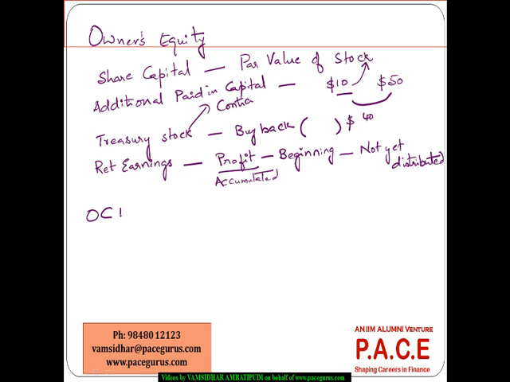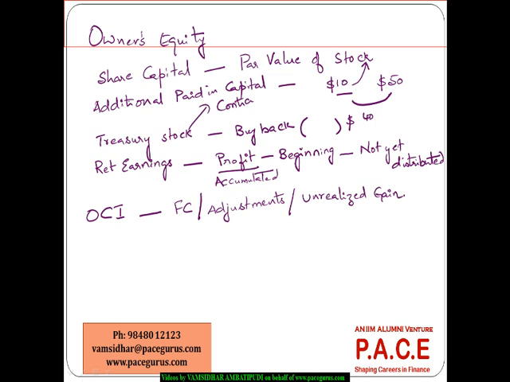Then we talk about other comprehensive income, which is one more account under the owner's equity, wherein we see the changes that are coming purely because of foreign currency translation changes, or some kind of adjustments that are coming up because of the valuation differences, or any kind of unrealized gains to reflect the fair value concept of accounting.